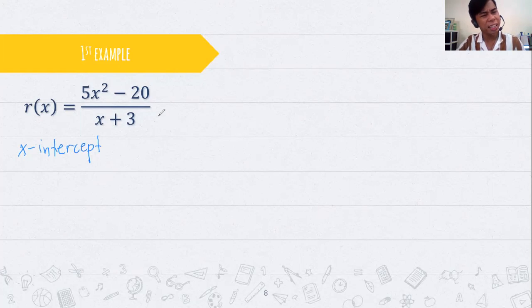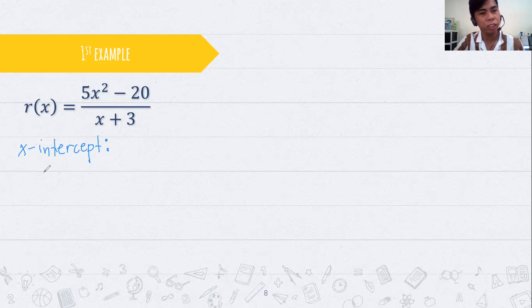So I guess that our function here is already simplified because x plus 3 is not a factor of the numerator, 5x squared minus 20. So we may now proceed to find our intercept. So first stop, we have the x-intercept. To find the x-intercept, we need to equate our numerator to 0.